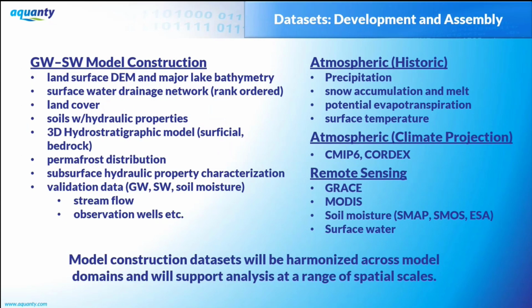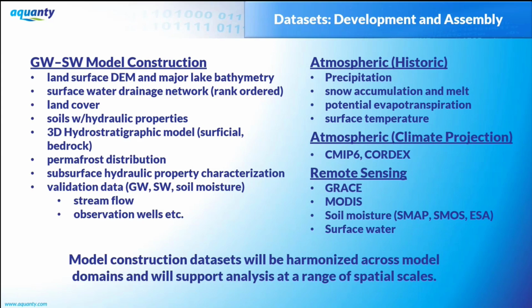And so, again, we have to go through all the same steps as you've seen in building previous models. DEM, major lake bathymetry, the surface drainage network, soils, hydraulic properties, HydroGeoSphere, permafrost, all these things.